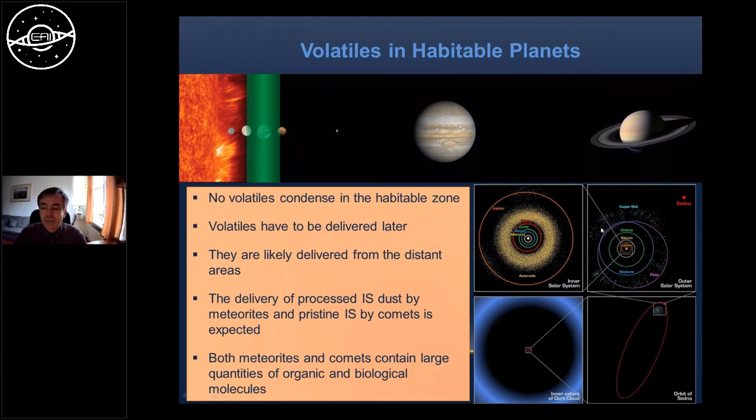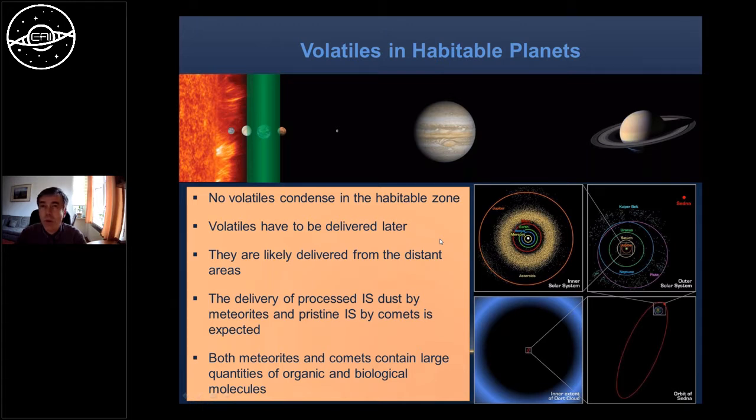And asteroids and comets come from distant zones such as the Kuiper belt and the Oort cloud, and objects in these distant zones are very little processed by the light of the star, and therefore they are expected to maintain the original molecular composition of the dark molecular cloud. And if we investigate the meteorites which have come to Earth nowadays, we can find a lot of important biological molecules.